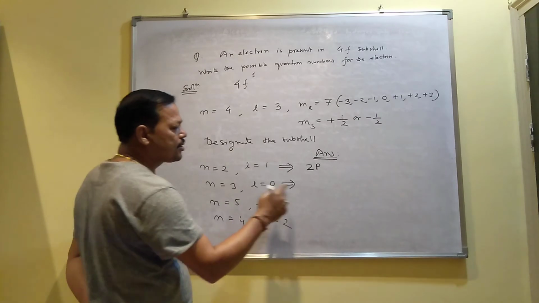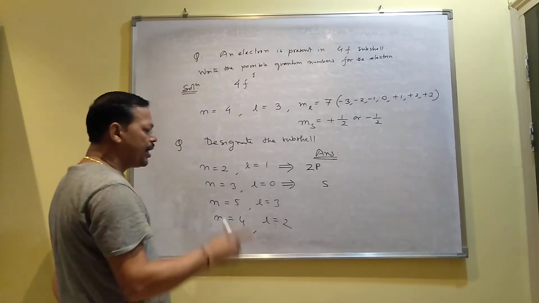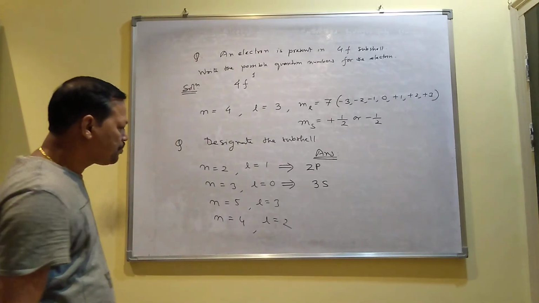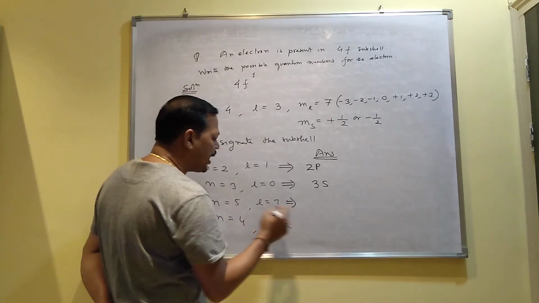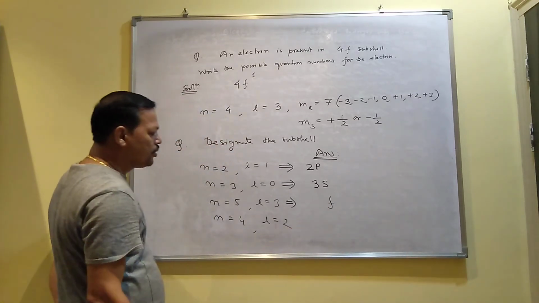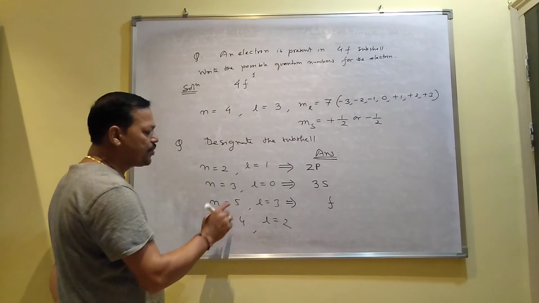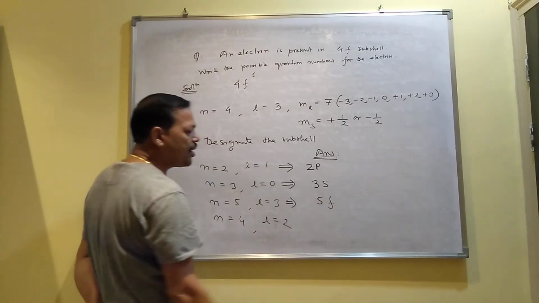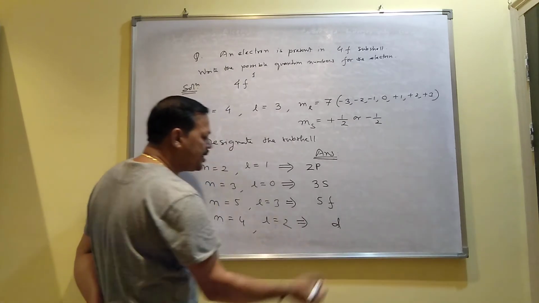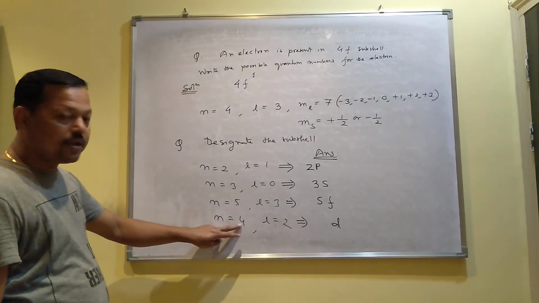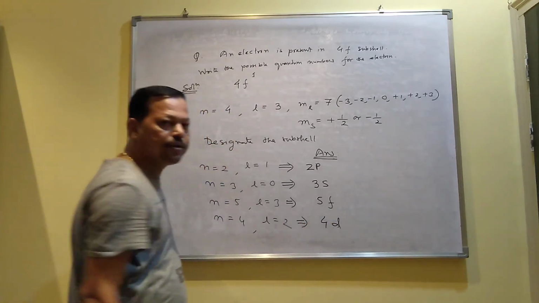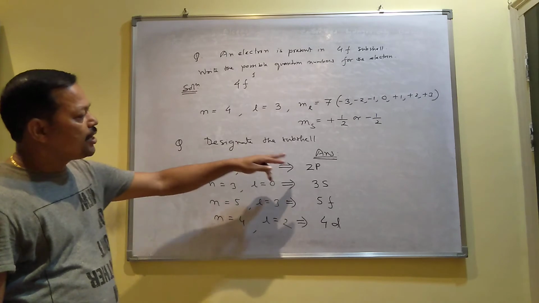L equals 0 always represents s subcell, and it is present in third cell, that's why you represent it as 3s. Now L equals 3. When L equals 3, subcell is named f, you know, and the cell number is 5, n equals 5, that's why it is represented as 5f. Here L value is 2, L value 2 means it is d. n value how much? n value 4. So you can represent it by 4d. So in this way you can represent the subcell.